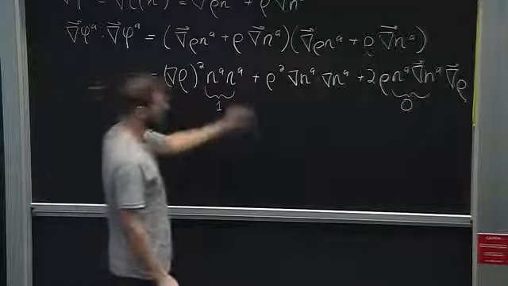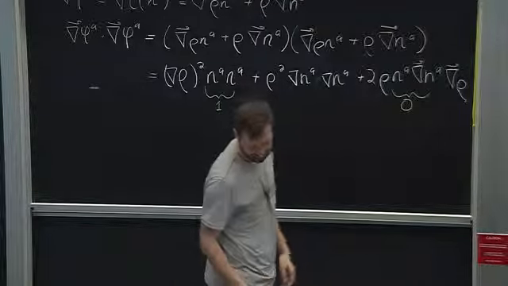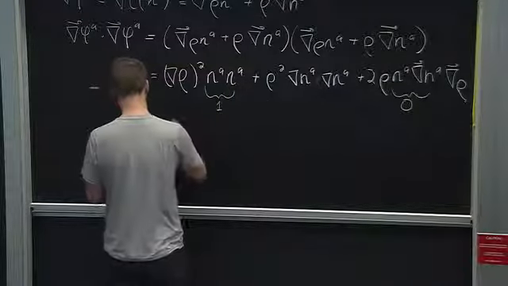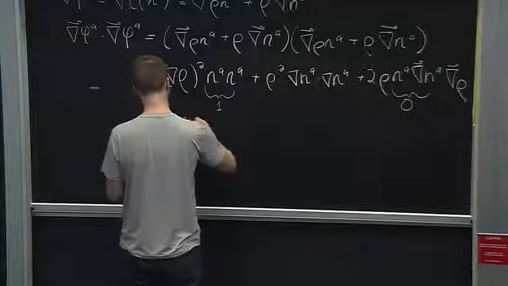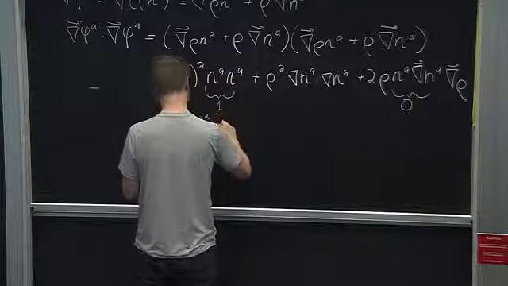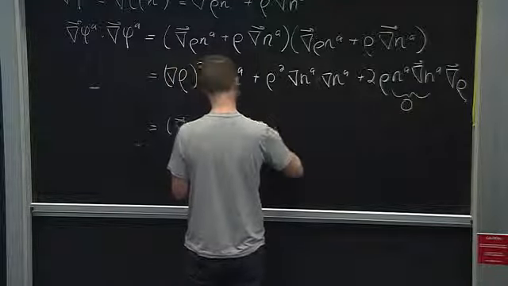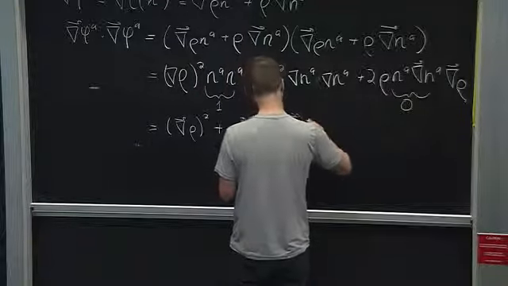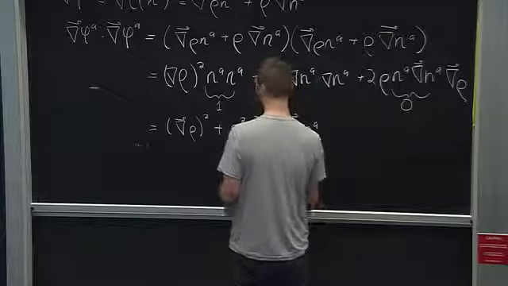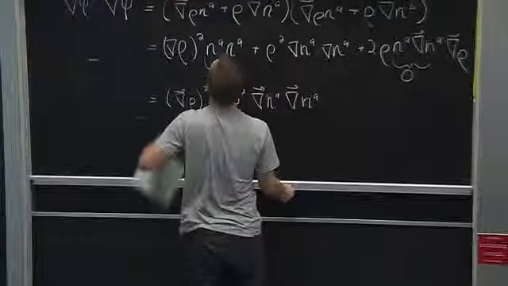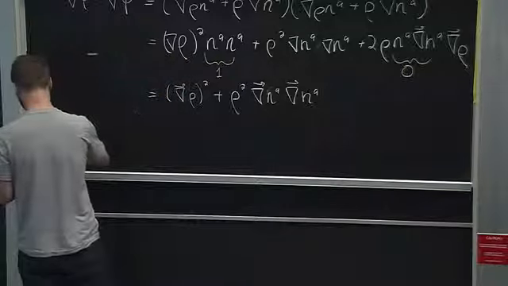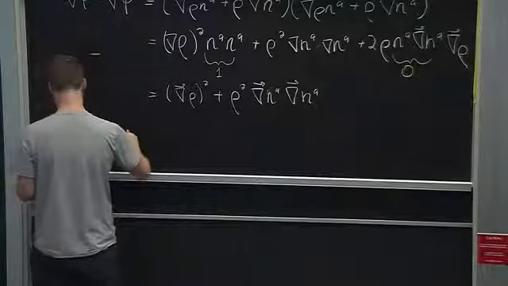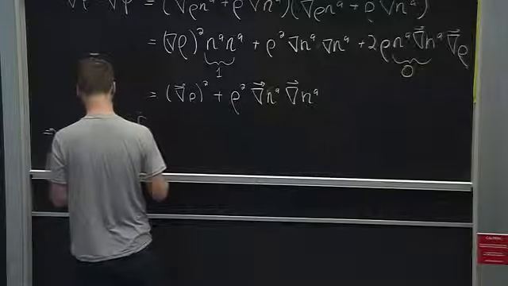So I just have these 2 pieces. So my action is a function of rho and n.